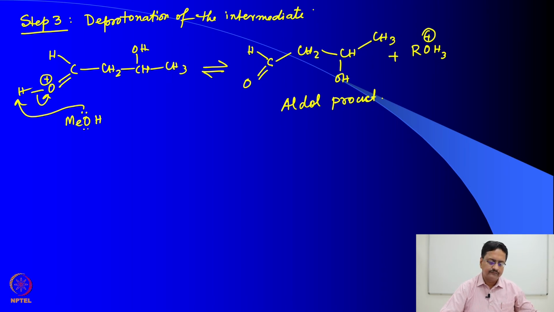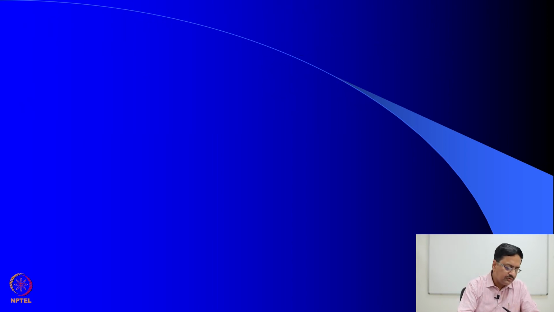condensation reaction. So, what we have seen is that both acid and base can be used to catalyze an aldol condensation reaction. And in all these cases, what we have shown here is that the same aldehyde or ketone reacts to form the aldol product. But it may be possible to do a crossed aldol condensation.